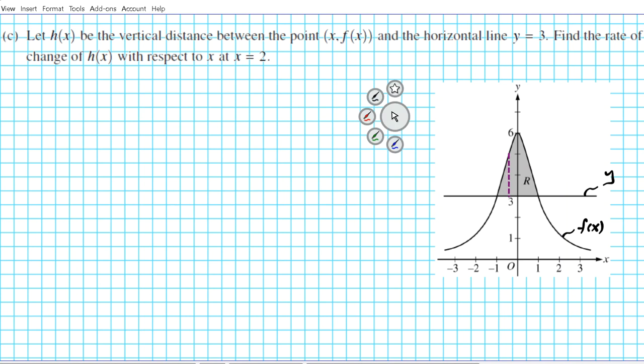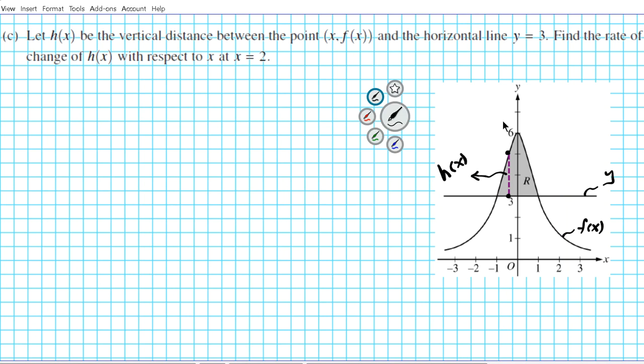Any point on f of x. So h of x basically represents the vertical distance. So how do you express this vertical distance right here? Since it's a vertical slice, our h of x is simply going to be f top minus f bottom.